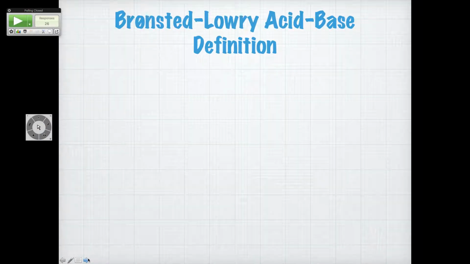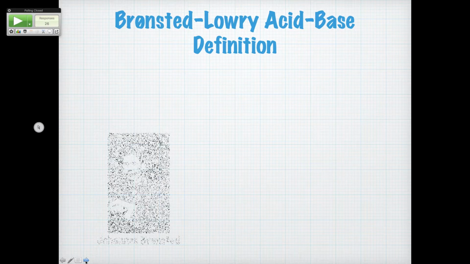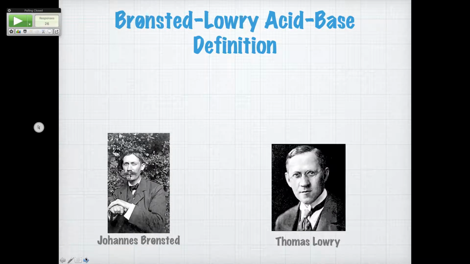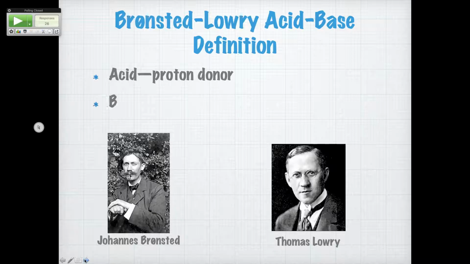All right, so here is Brønsted-Lowry acid-base. Here's the next definition. Here's Brønsted, and here's Lowry. They look very smart, don't they? Acids are proton donors and bases are proton acceptors. Now, remember what a proton is.